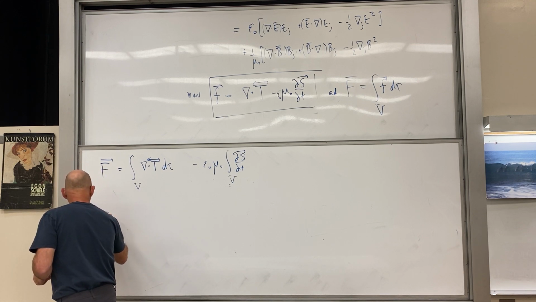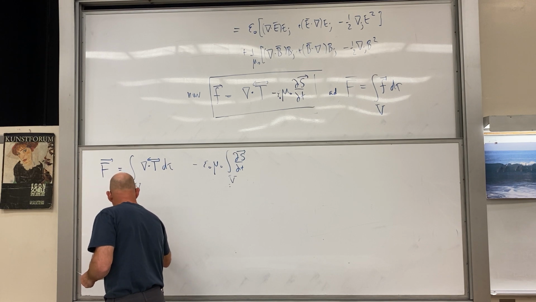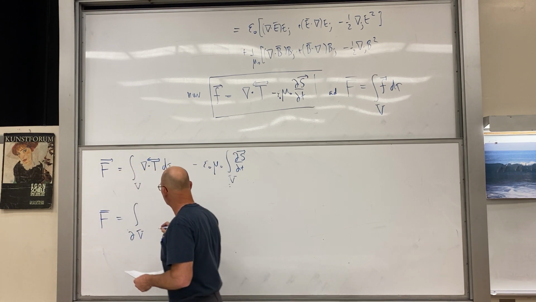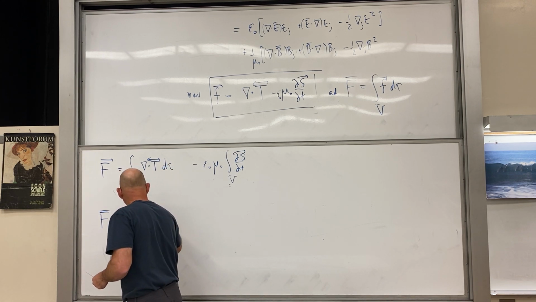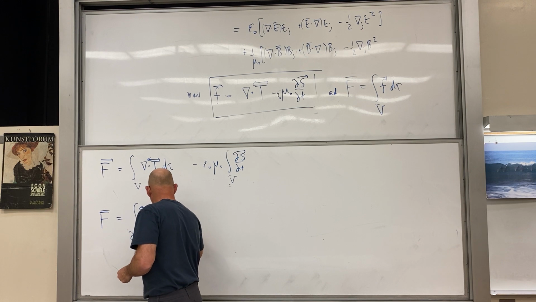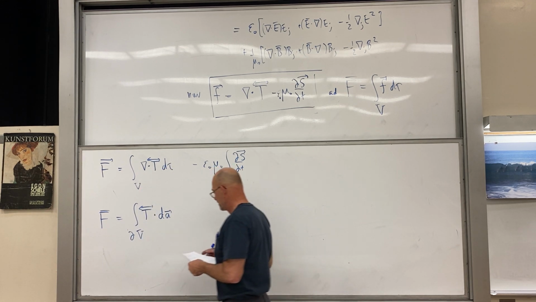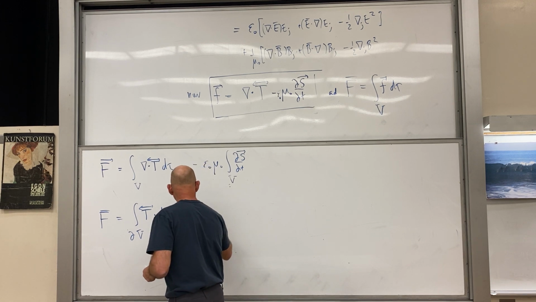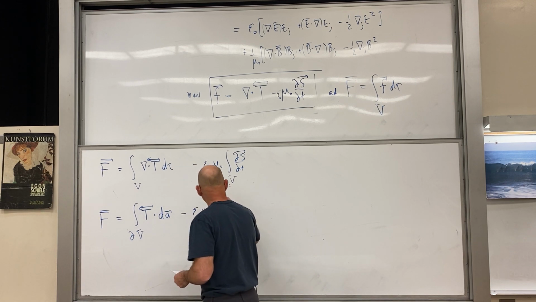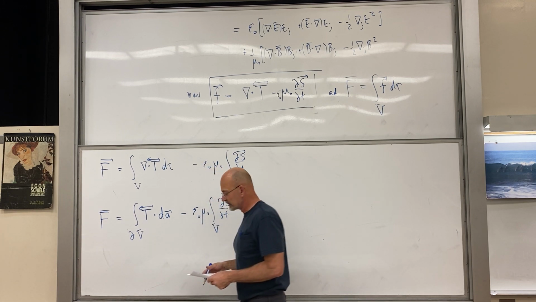So directly under here, with Gauss's integral theorem, we have the boundary of the volume, T, dotted into dA, or n hat d area, and here we still have epsilon naught mu naught ds dt in the volume there.